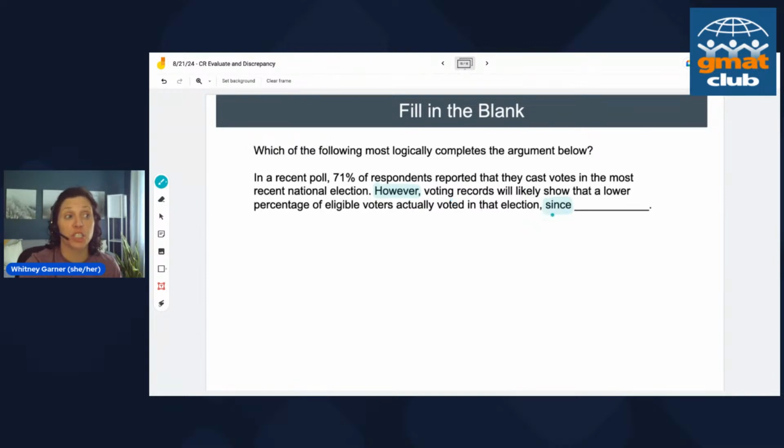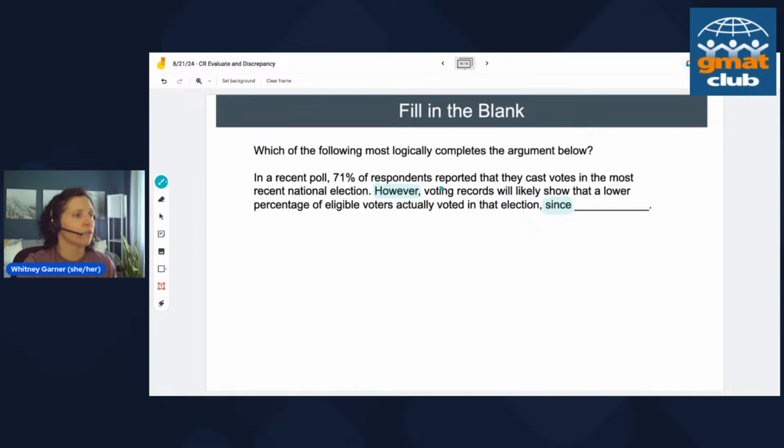I'm trying to explain the weird contrasting outcome. So when you see fill in the blank, more often than not, it is actually just a discrepancy question. Your job is to figure out what is the weird discrepancy and then how would you support it.